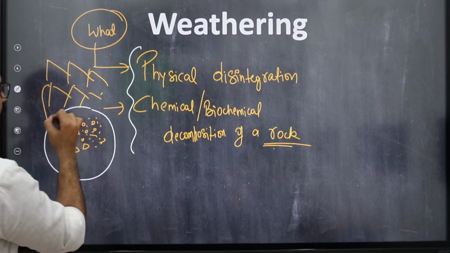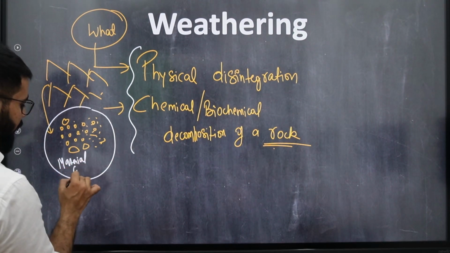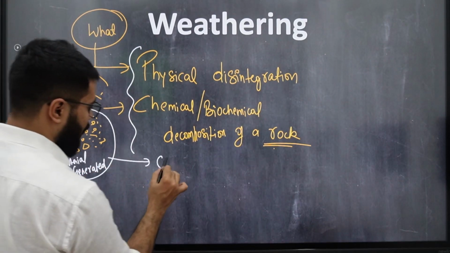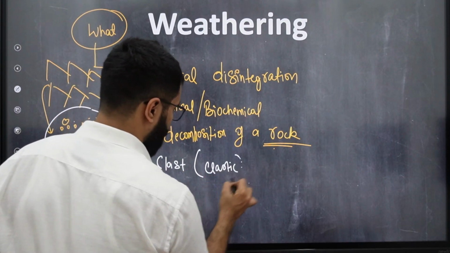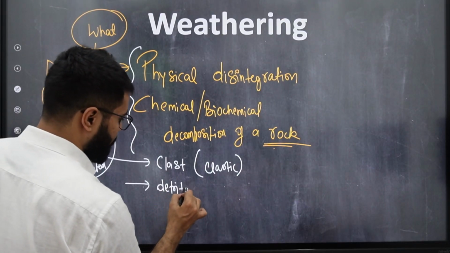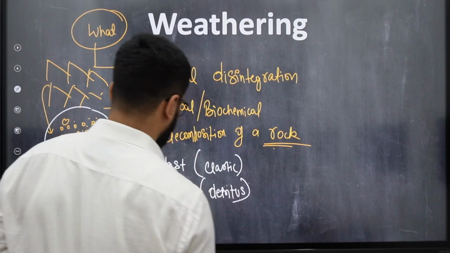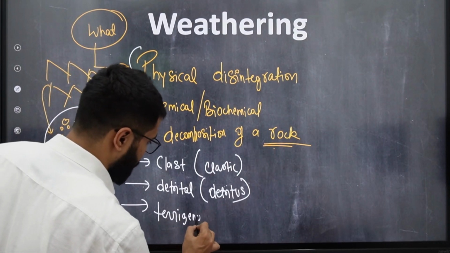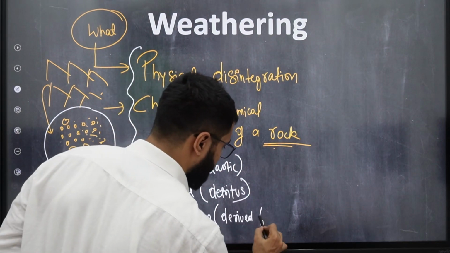Basically, the material that is being generated is known as clast. The adjective would be clastic. The material that is generated is known as detritus. It is also known as terrigenous because it is derived from land.